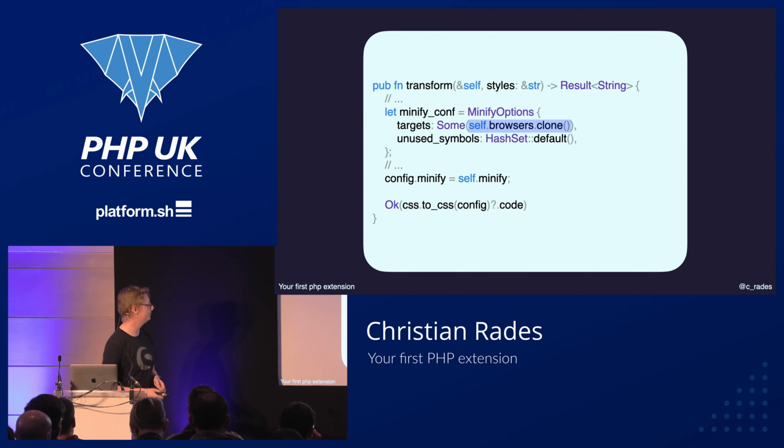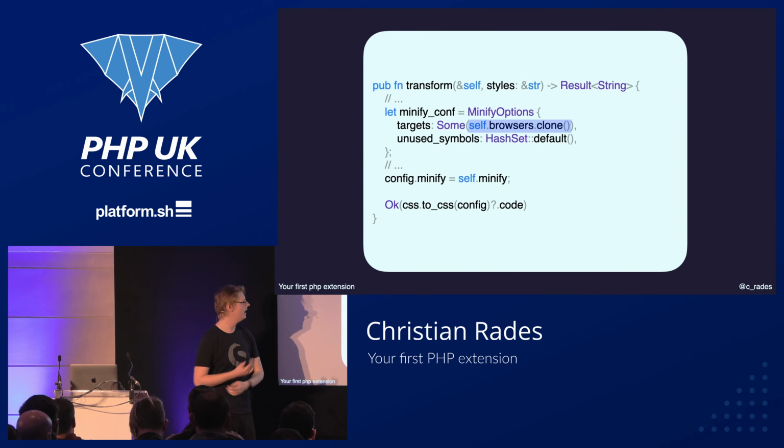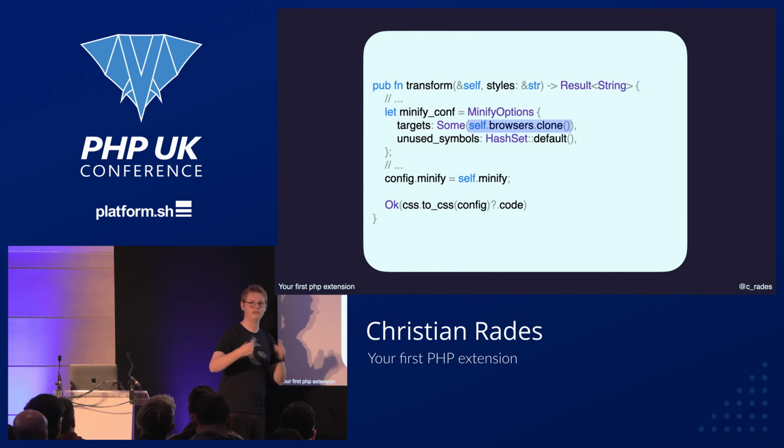The next thing, which is a bit more complicated, is that browsers is a more complicated type. It's a struct. And so Rust does not automatically know how it can easily replicate the value. It needs to do some memory cloning. So it needs to iterate through some bytes and fill other bytes with that content.